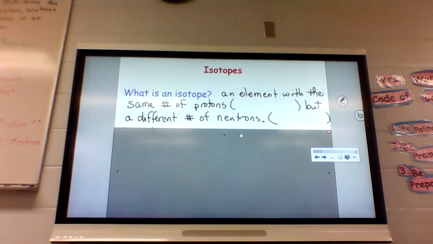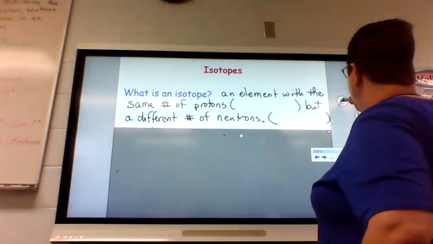Now, in thinking about that definition, what is the word that we learned before break that is the same as the number of protons? Yep, atomic number.